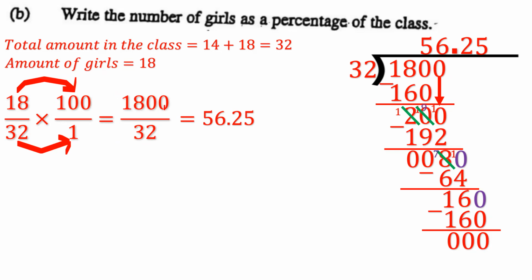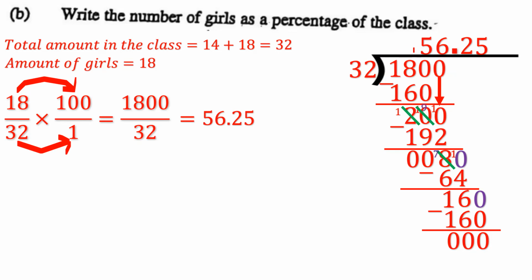Now we have 1,800 divided by 32. Let's see what that is. We put the 32 on the outside, that's the divisor, and we put the 1,800 as the dividend on the inside. Okay, how many times can 32 go into 180? We say 32 times 5. Well, 32 times 5 is 160.